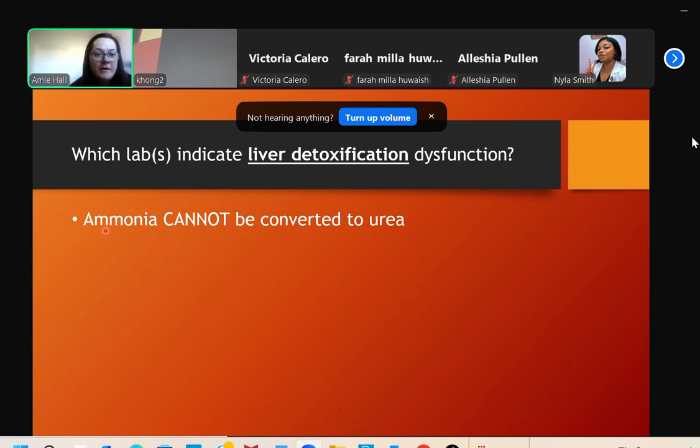So that ammonia cannot be converted to urea, which is water soluble and able to leave the body more readily. And so if we are not able to convert that to urea and get rid of it, we start seeing an increase in ammonia. Right, so if our ammonia increases, what happens to the patient? Can you yell a little bit louder, like you're jumping out of an airplane? Hepatic encephalopathy. All right, hepatic encephalopathy.